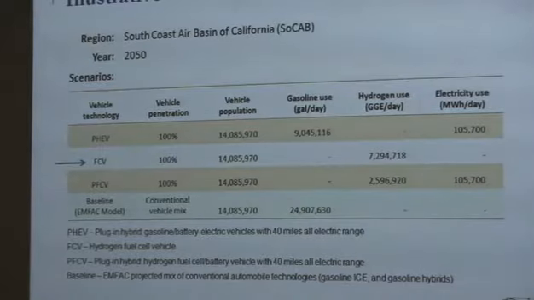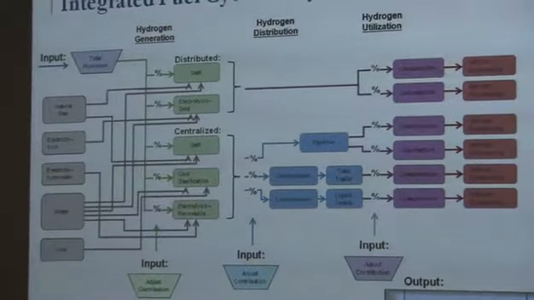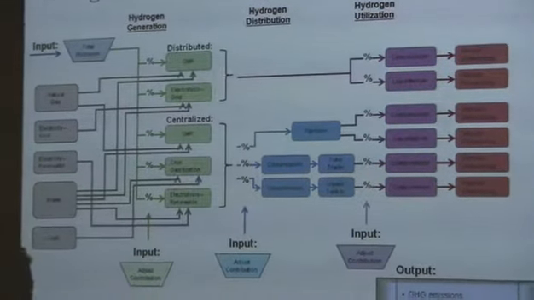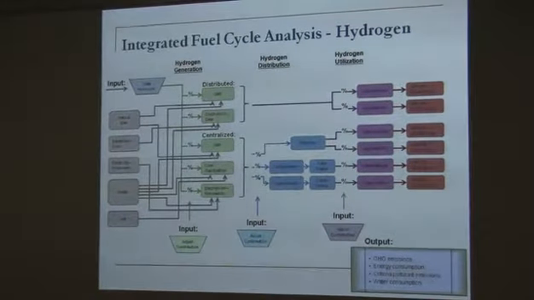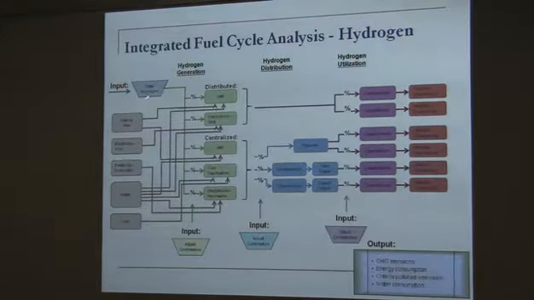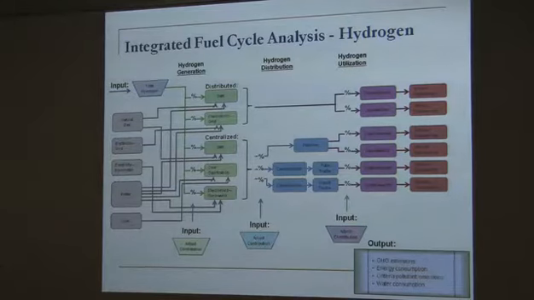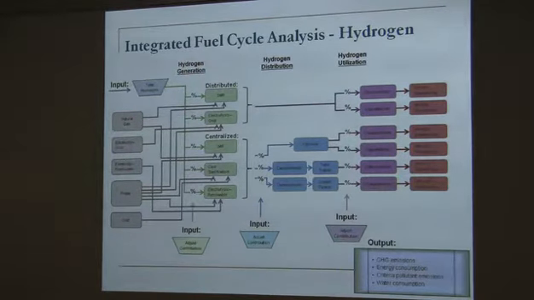So let's get started. We have to make some assumptions, and this is a rather complex model that I'm just basically sketching here. It's called a fuel cycle analysis model that we have developed. Basically, as input, you tell it how much hydrogen you need, and we did that calculation in the previous one: in so many miles, you get so much hydrogen. Once you have identified that, you have to get a percentage of where that hydrogen is coming from.